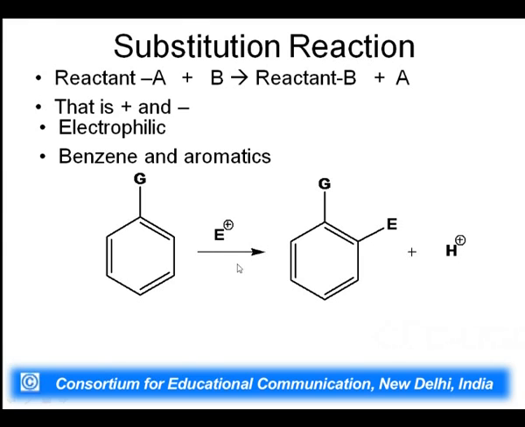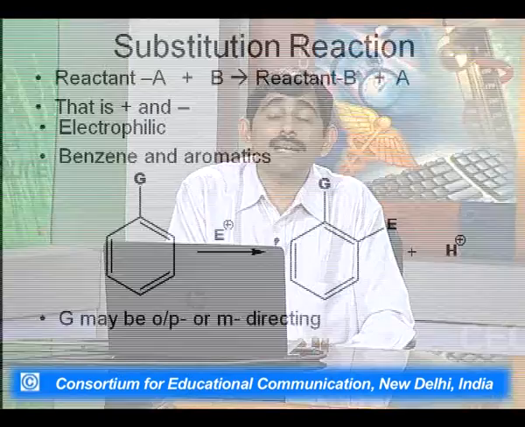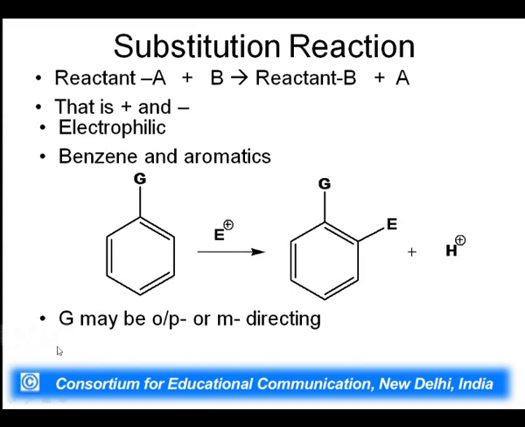Because this E plus is an electrophile, this reaction is called electrophilic substitution reaction. In the earlier case, because a negatively charged nucleophile was entering the system, it was called nucleophilic substitution reaction.